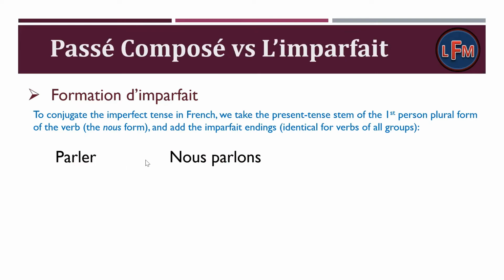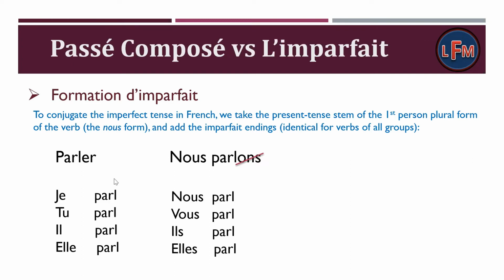We take the conjugation of parler verb with nous, which is nous parlons. We cut the ending ons and take the stem parl. And then we add the imparfait endings, which are the same for all verb groups. The imparfait endings are ais, ais, ait, ait, ions, iez, aient, aient.